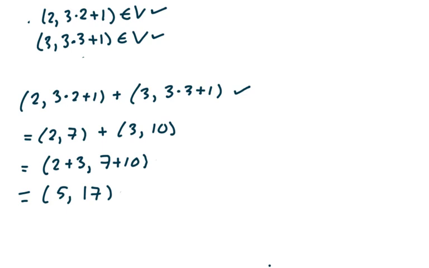But that's equal to the vector with first component 2 plus 3, and the second component is 7 plus 10. But that's equal to the vector (5, 17).